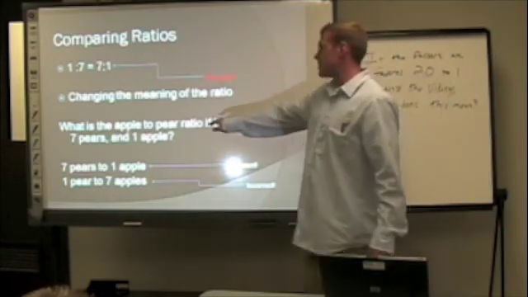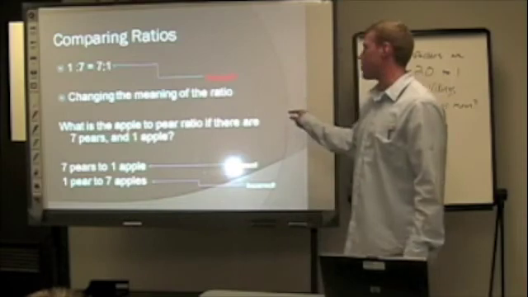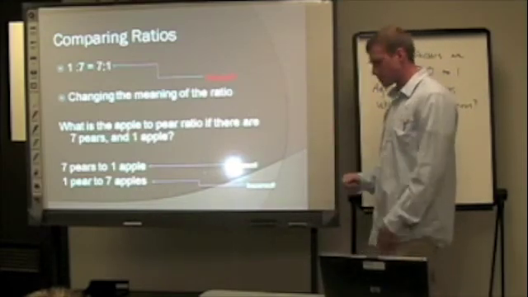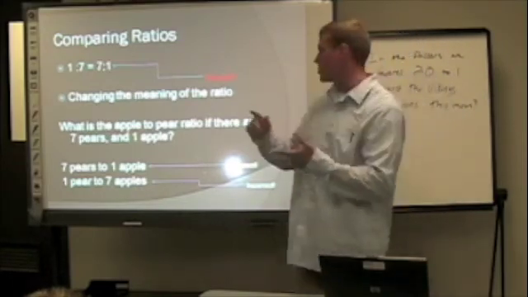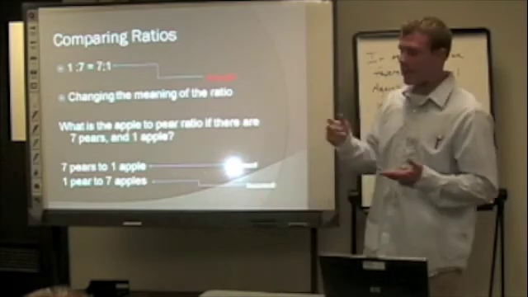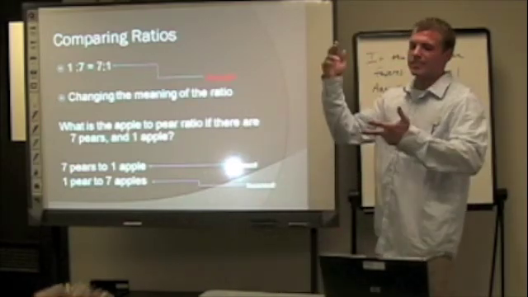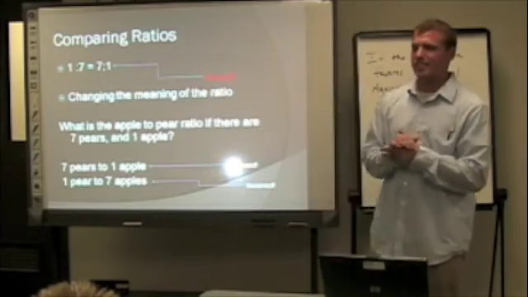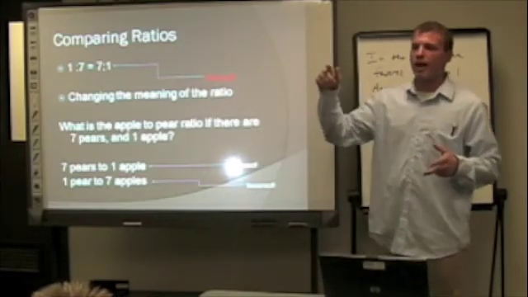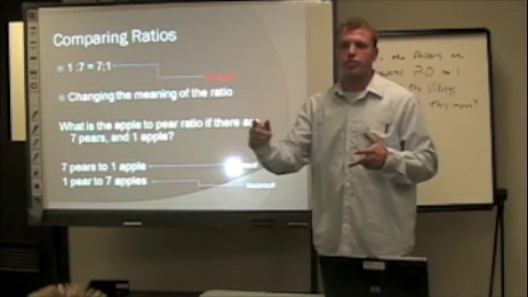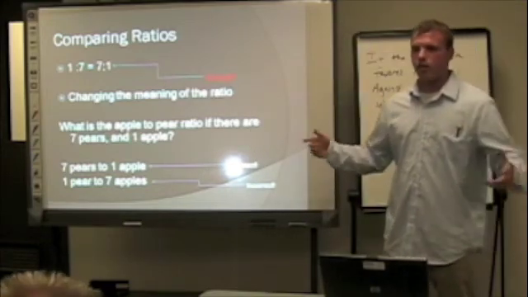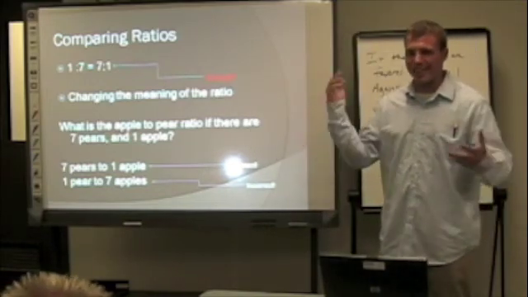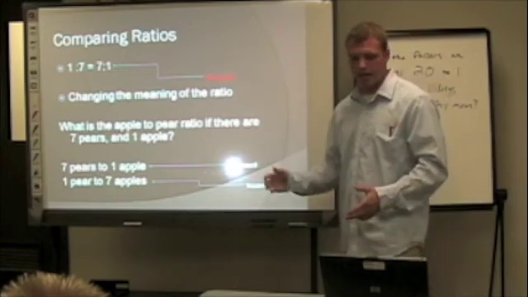The example listed is, what is the apple to pear ratio if there are 7 pears to 1 apple? So you write it out, 7 pears to 1 apple. If you were to change the numerical order, it would state 1 pear to 7 apples, and that would be completely wrong. For instance, in this class period right now, we have 1 Matt Curran to 3 other students. You don't say 1 student to 3 Matt Currans, because that is not there. You cannot change that up.